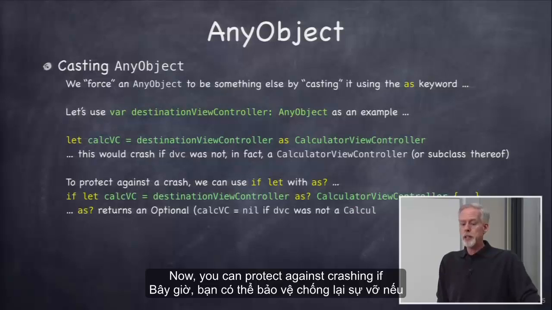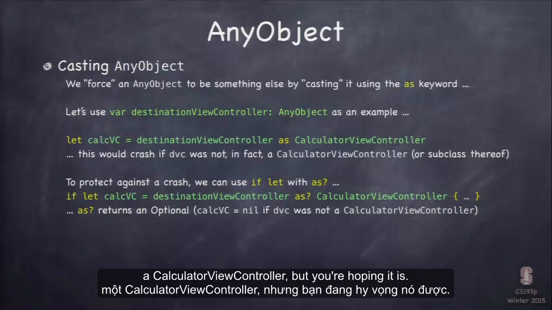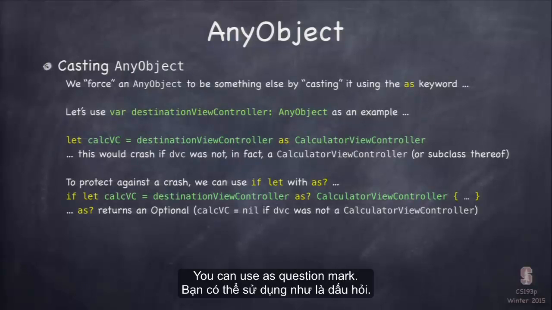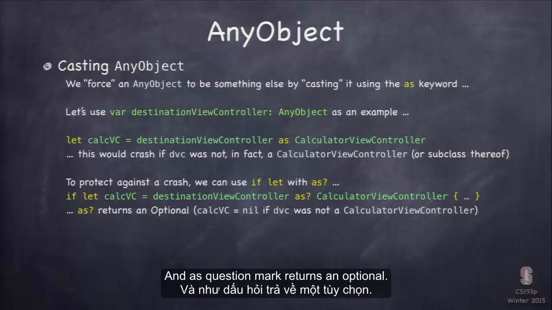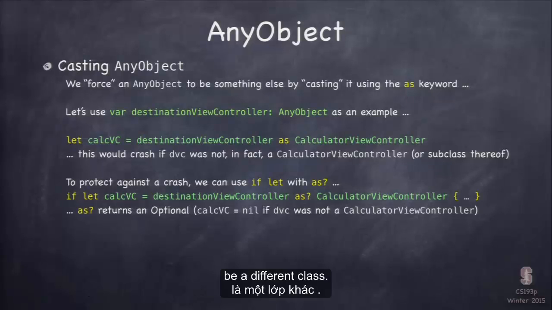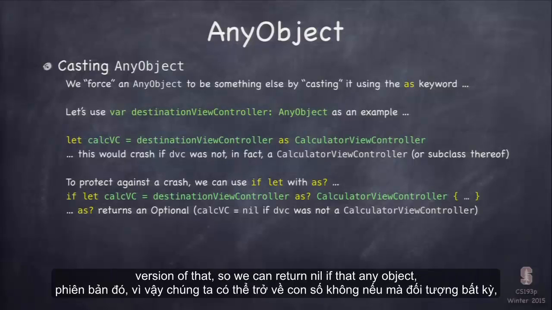Now, you can protect against crashing if you're not sure whether that destination view controller is a calculator view controller, but you're hoping it is, okay? You can use as question mark. And as question mark returns an optional. Same as, right? As returns that any object thing cast to be a different class. As question mark does the same thing, but it's an optional version of that.